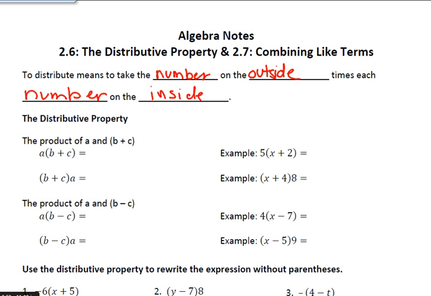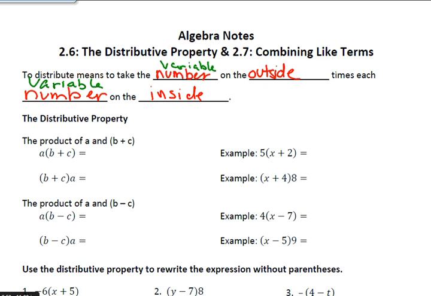Now remember that on the inside or the outside, these numbers could also be variables. But basically we're going to take whatever's on the outside times each thing on the inside.